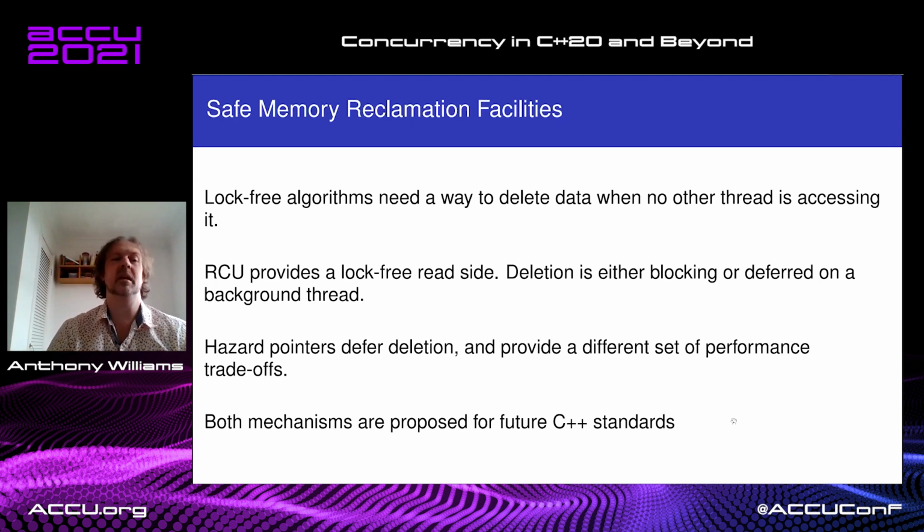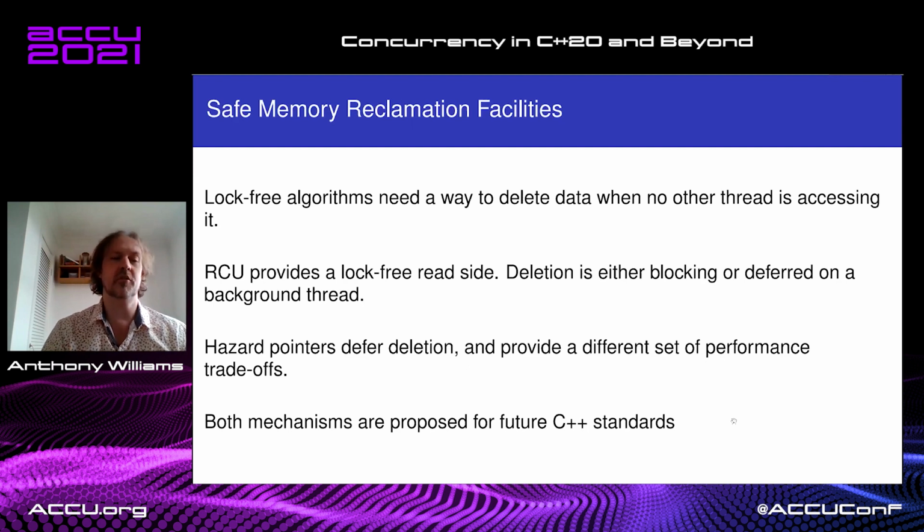One way is to use something like RCU, which is used extensively in the Linux kernel. This provides a lock-free read side. And then if you're actually trying to delete an object, you either have to do a blocking operation to say, I'm going to block now till there's no readers and it's safe to delete my object, or you defer the deletion to a background thread, which then does the cleanup at a time when there are no readers.